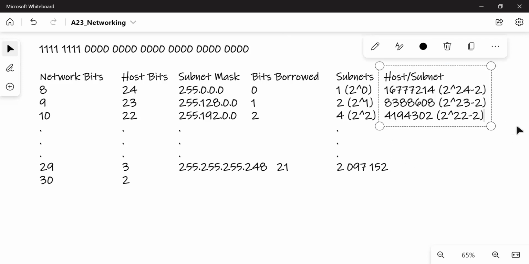The number of computers will be small, because then we definitely have 2 to the power 3 minus 2, so you will have only 6 hosts.